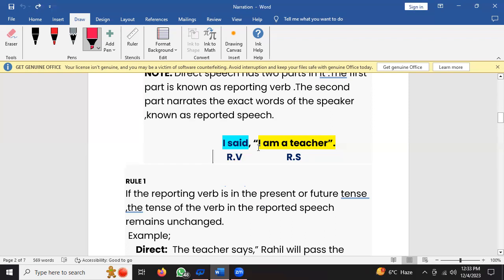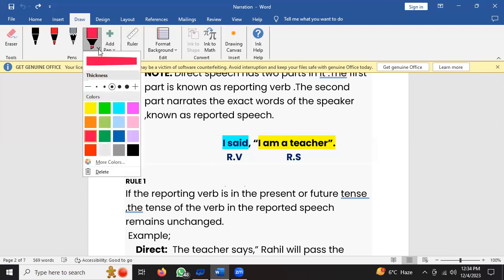Yes, sir. How? Sir, am will change to was. Excellent. And how do you know that? Sir, because the reporting verb is in past tense. Very good.